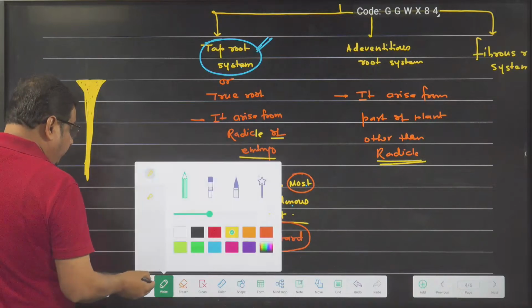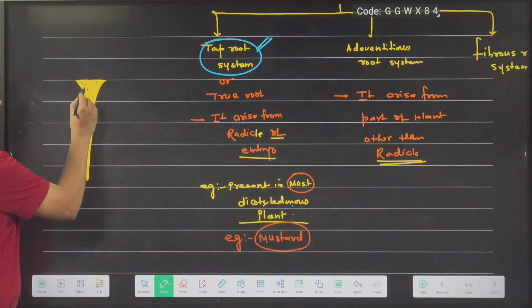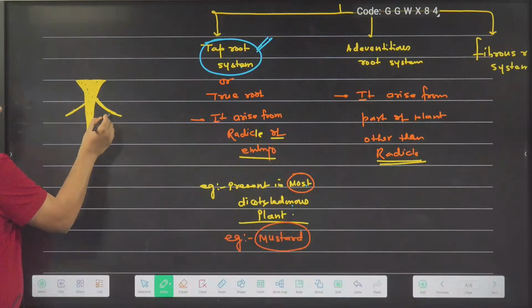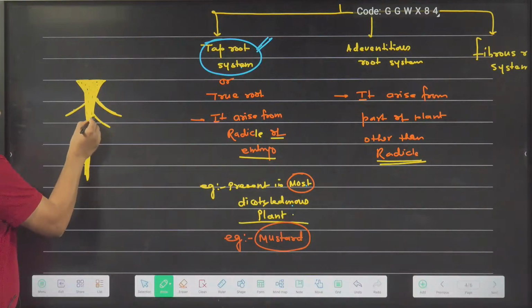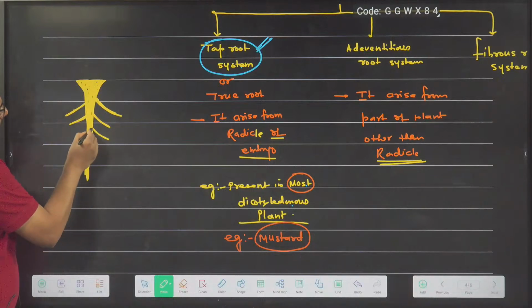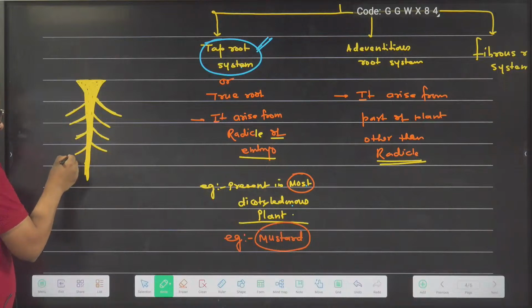And from the primary root, what happened? Lateral roots are arising. So suppose that here lateral roots arise. Here another lateral root arises. Here it is secondary root. So the root arising from primary root is called secondary root. These are the roots arising from primary root. These are called what?